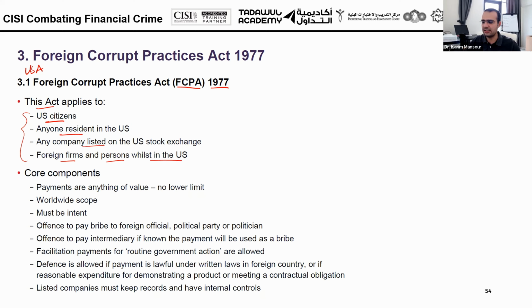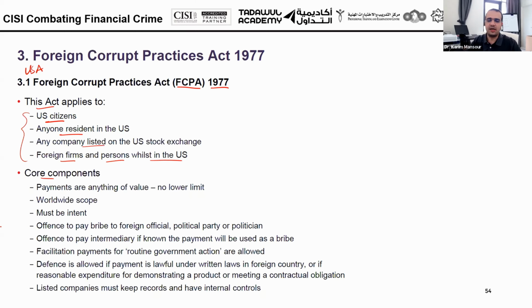The UK law, you don't even need to be in the UK, and they just need to prove that you have a close connection to that person in the UK, and then you fall under the law. In the US, no. You should be either a US citizen or a foreign person, but you are in the US.